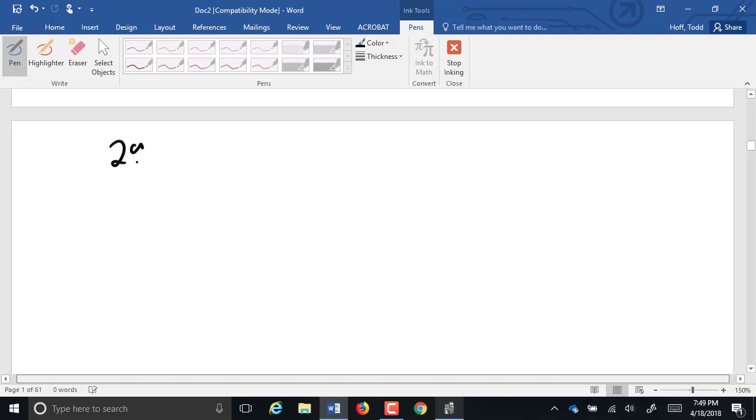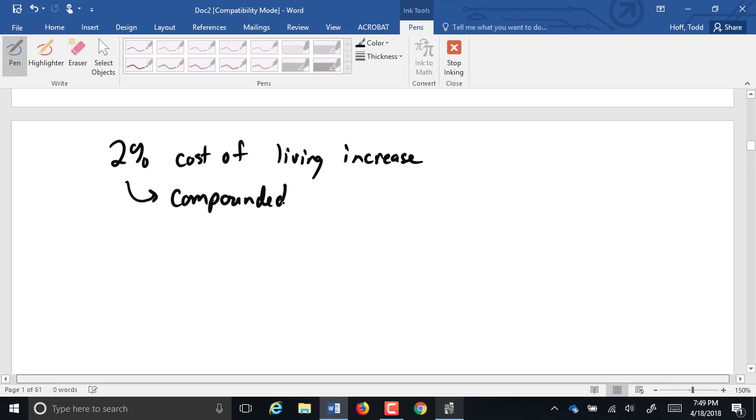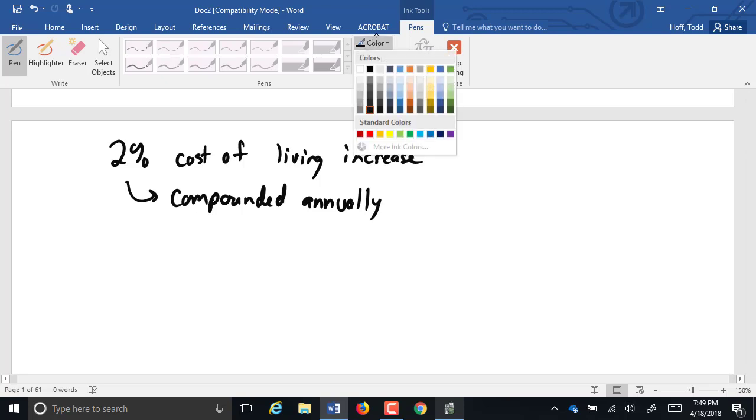Let's go 2% cost of living increase. That is 2% compounded annually. Yeah, that $10,000 is just once. If you did that every year for 3 or 4 years, it adds up. But that's 2% compounded annually.